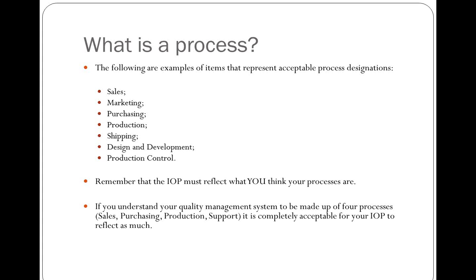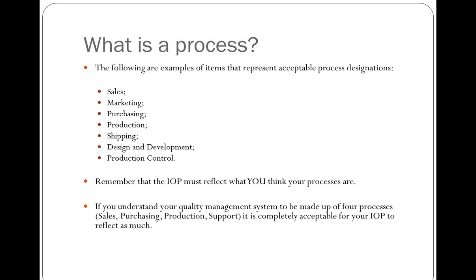So we see things like sales, purchasing, production, of course being a very broad term that might cover a number of different activities, shipping, design, production control. These are all areas that would, in nearly every case, be inclusive of multiple steps, multiple persons, and so forth.